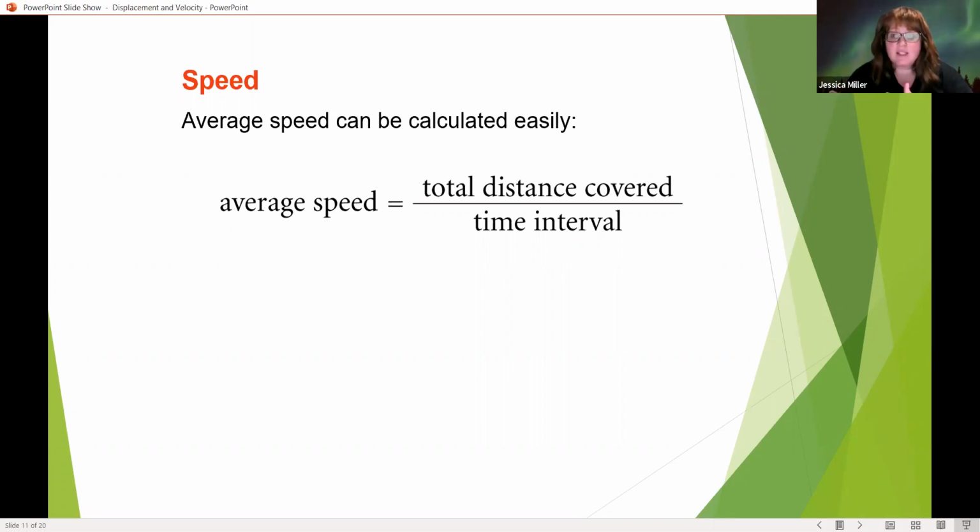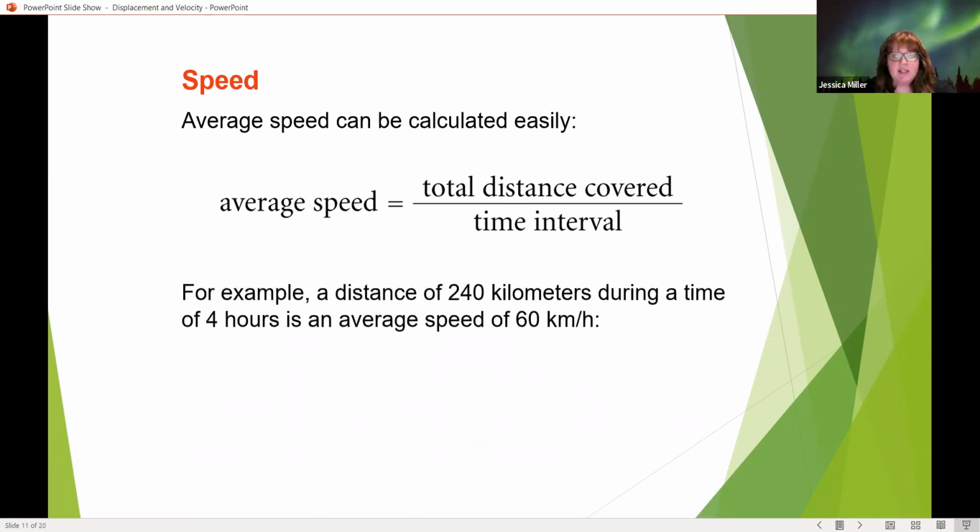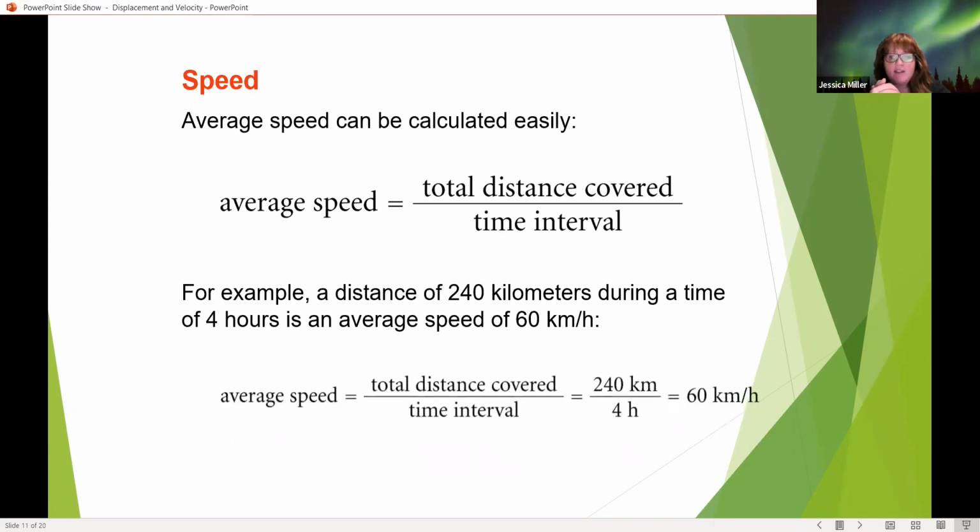So remember how distance and displacement can be different, whereas one could be positive, one could be negative, or they could be very different numbers. In this example, a distance of 240 kilometers during a time of 4 hours has an average speed of 60 kilometers per hour. We would do 240 divided by that 4 hours.